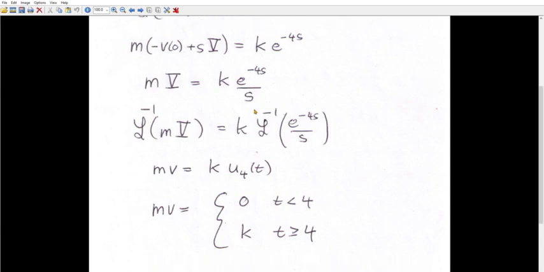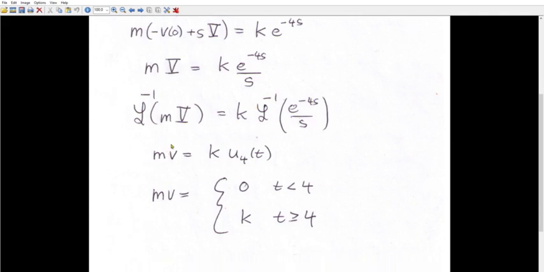And now we back transform. The inverse transform of little m times cap V is going to be k times the inverse transform of e to the minus 4s over s. And the inverse transform of cap V is little v. And the inverse transform of e to the minus 4s over s is the step function u4 of t.